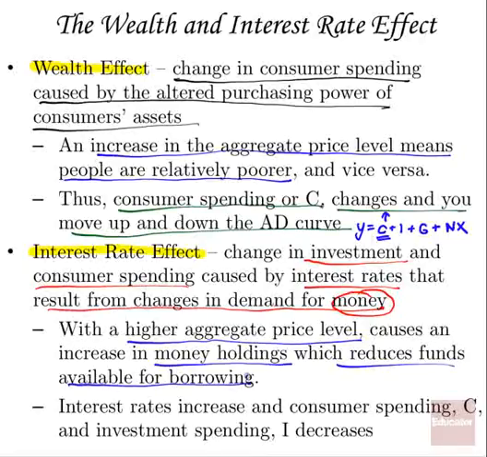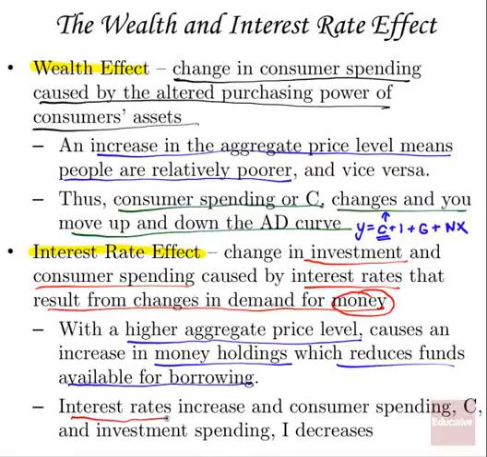Just on a practical level, if the price level increases, then people are going to demand more cash. And if that happens, then there's less money available for other people to borrow. And so less available for borrowing means that there's going to be a reduction in output. That's why if the price level is going to increase, then there's going to be less aggregate output. And so that's the reasoning why.